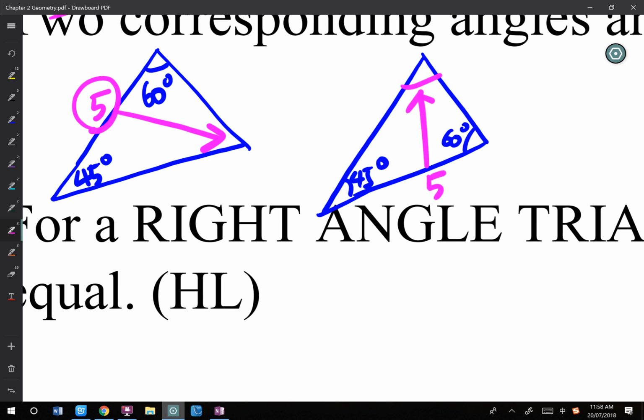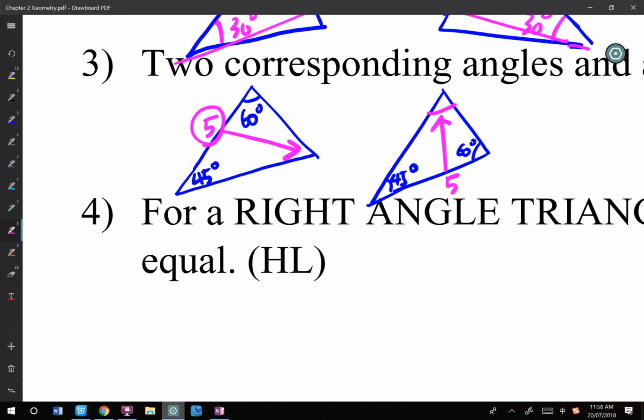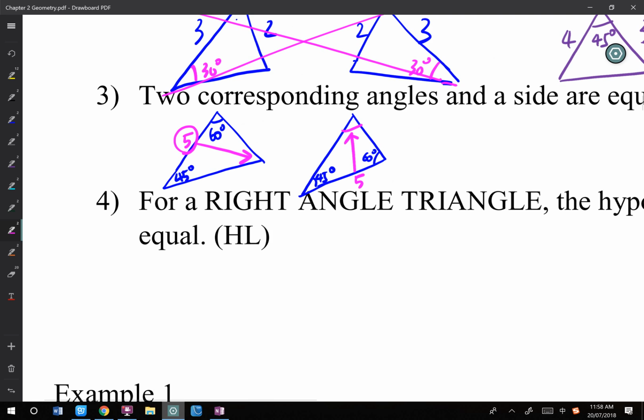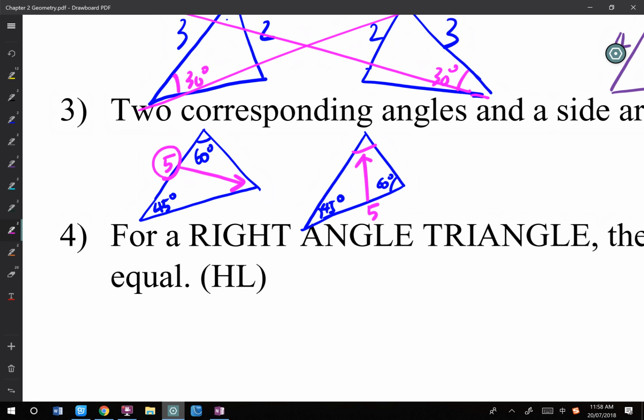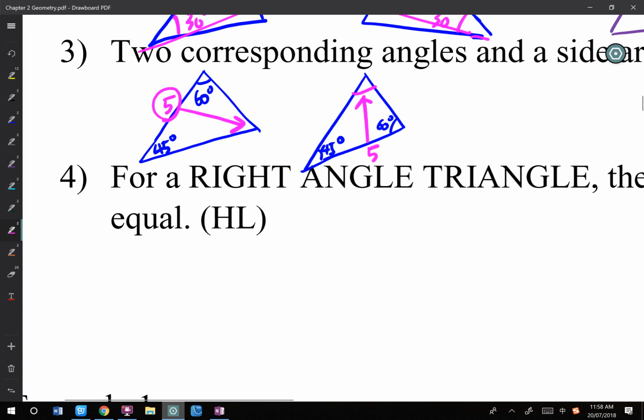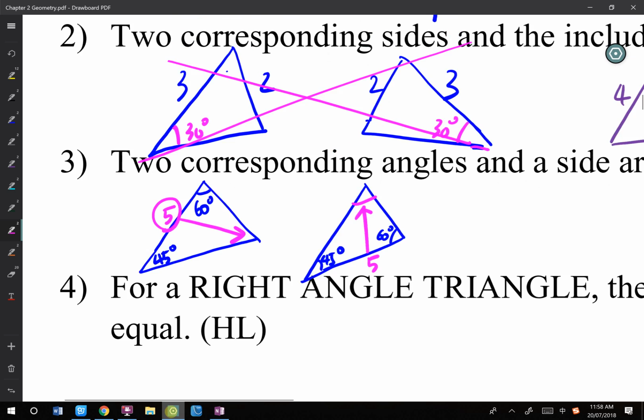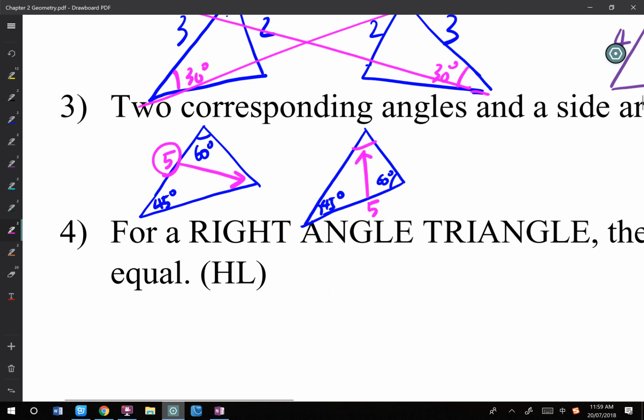Otherwise, the previous case is not corresponding lengths. Okay, that's the third one.